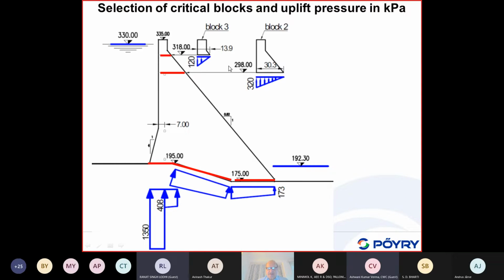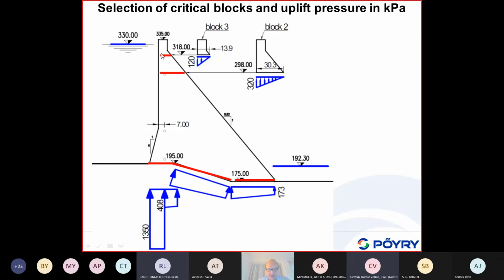In addition, if you do some stability analysis, it is very crucial what kind of uplift pressure distribution you are using. Here, for the static load, we have a grout curtain with a drainage layer, which reduces the uplift pressure by about two thirds. We have used this model of uplift distribution, which is also used for the static load combination.